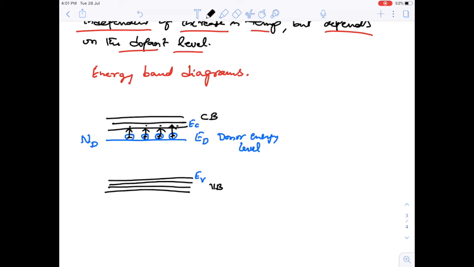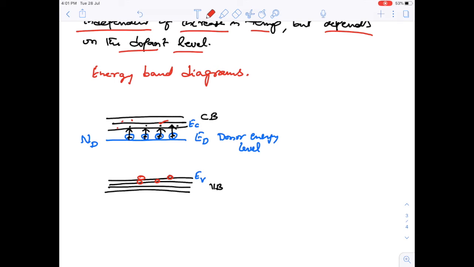Now due to the thermal agitation, you already have electrons in the conduction band, and because electrons are reaching there, you will have, let's say, holes in the valence band. But here, as I have shown you, some electrons are there because of thermal agitation, and these are electrons donated by the donors.